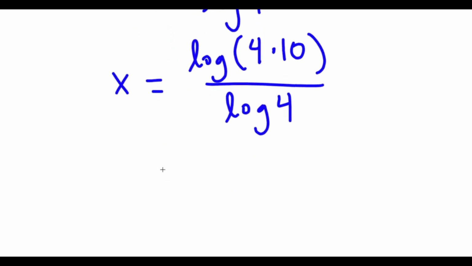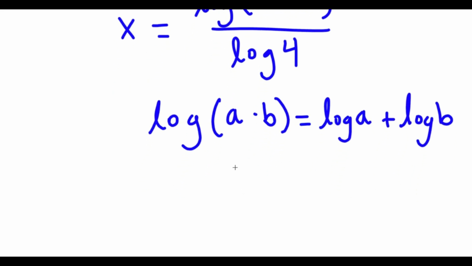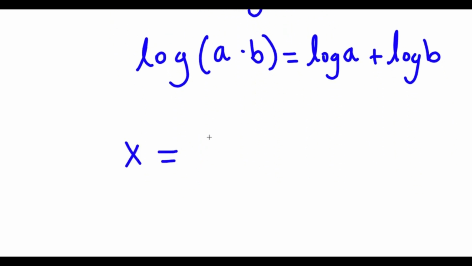And now if I have something in the form log a times b, this is equal to log a plus log b. So in this case, I have log 4 times 10, so this is equal to log 4 plus log 10.